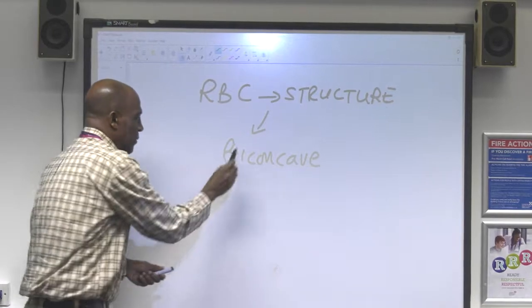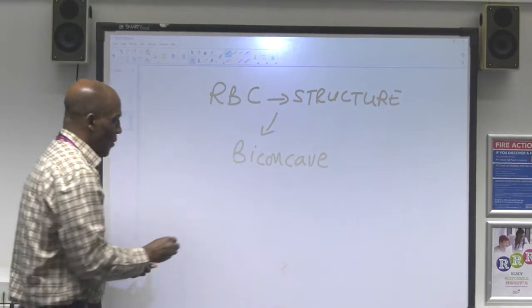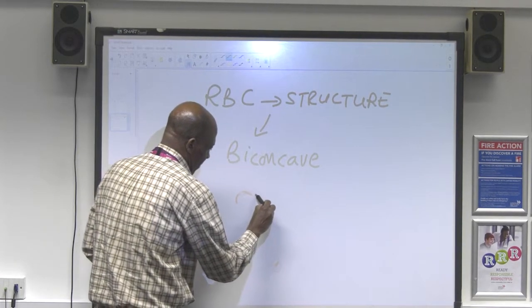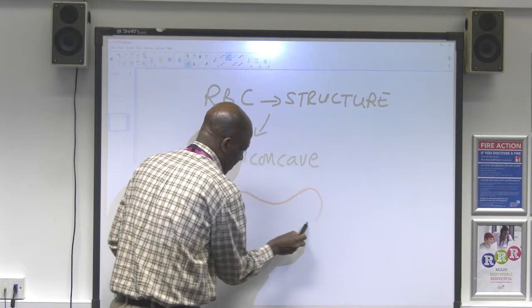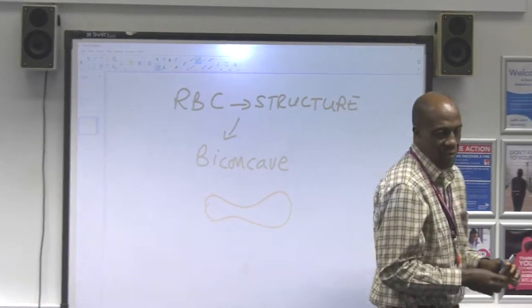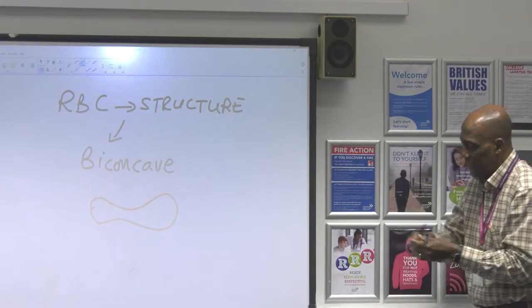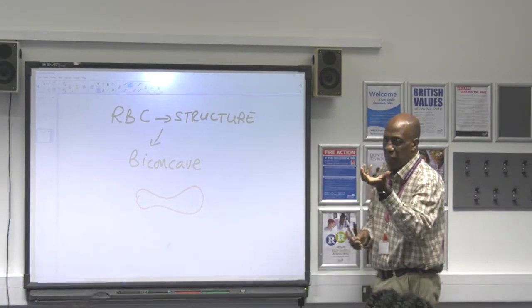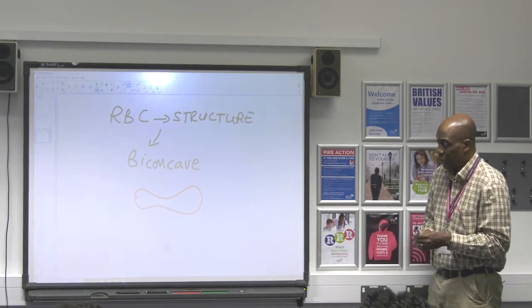It's biconcave in nature. So it's got a shape like this. So there's a dent here and there's a dent there. So that's the structure of the red blood cells. It's biconcave in nature.